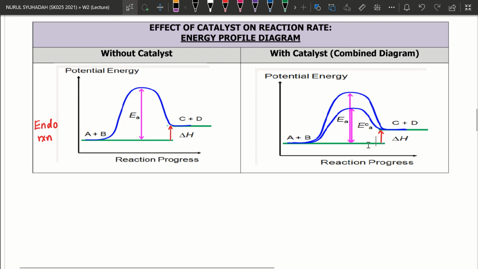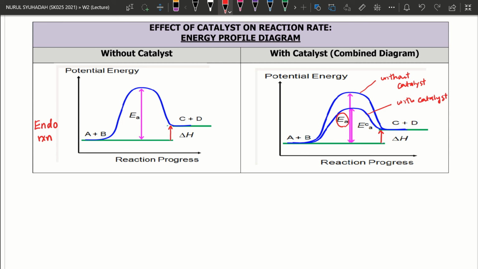Next, if you look here, you have two curves. The first one is the EA, the original one without the catalyst, and then the second one is with the catalyst. So in exam, if you feel it is too much to draw here, you can just simply say that this is without catalyst, and this one is with catalyst.